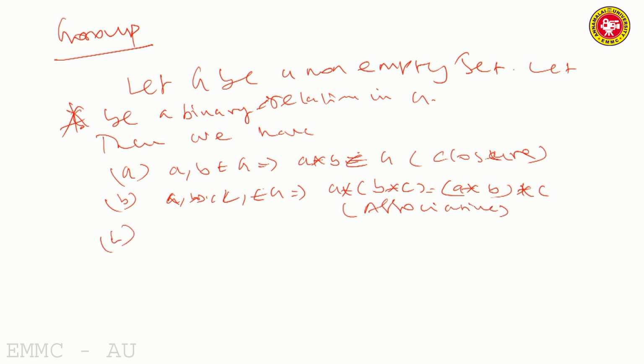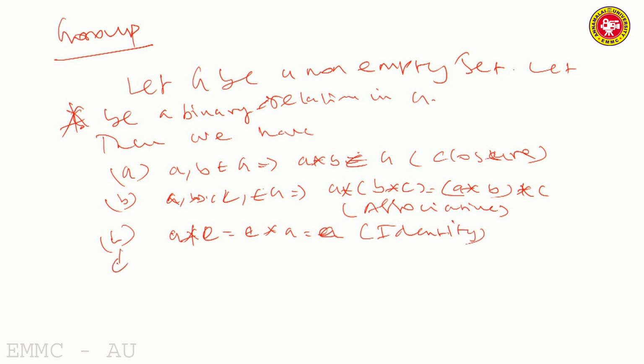The third one: A star E is equal to E star A is equal to A. This is called identity property.